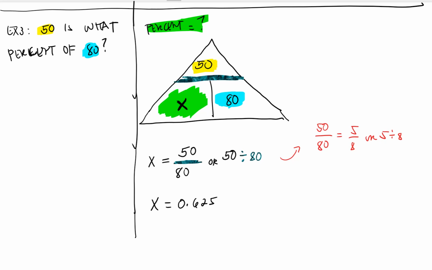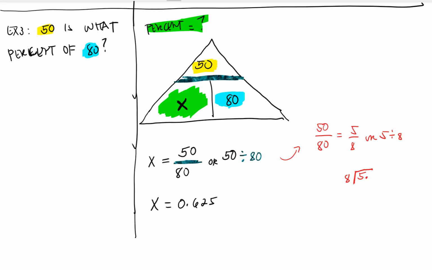If I use long division, my divisor is 8 and my dividend is 5. My dividend is smaller than my divisor, so I would expect that my answer is less than 1, or a decimal value.